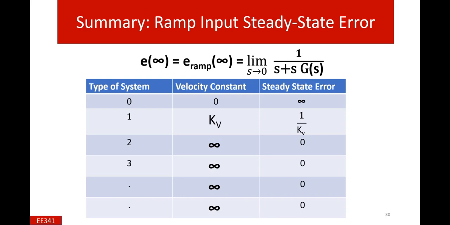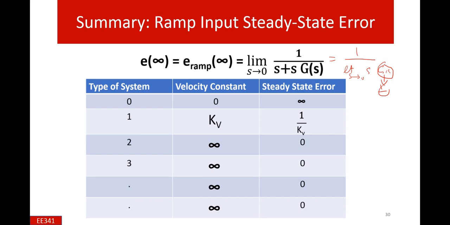Let's review the concept. With s equal to 0 and s times g of s, if this g of s is type 0, and it means 1 over it is some constant, then if we put s equal to 0, we have 1 over 0 equal to infinite.